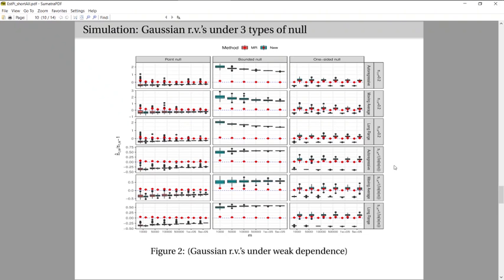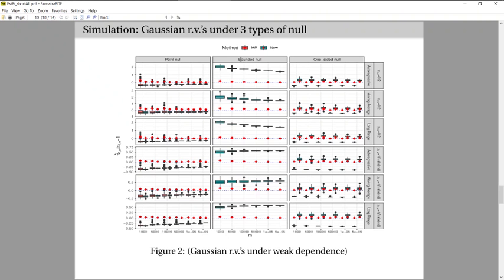This figure shows the performance of the new estimator when it is applied to weakly dependent Gaussian random variables under the 3 types of nulls. The x-axis and y-axis settings are the same as the previous plot. We consider 2 sparsity settings and 3 settings of weak dependence.